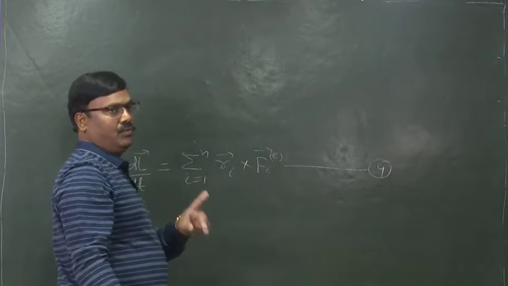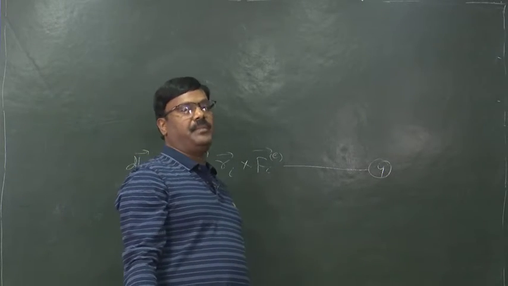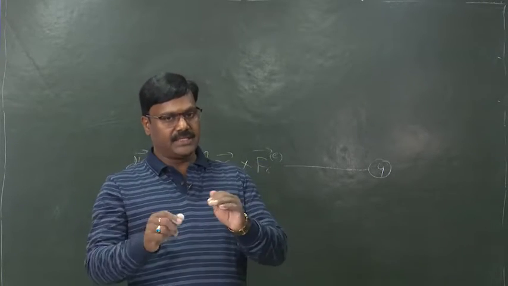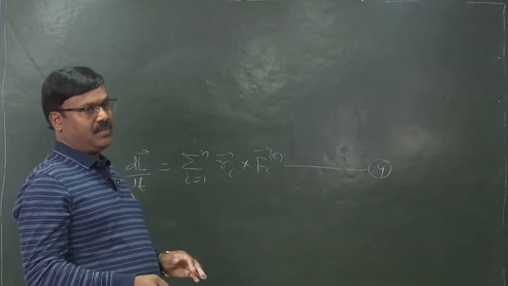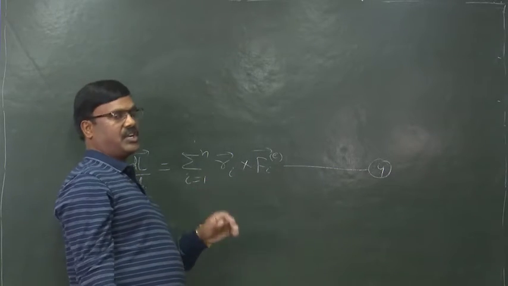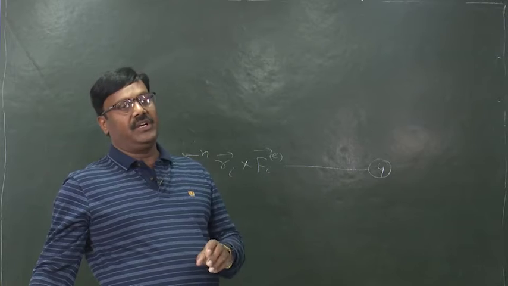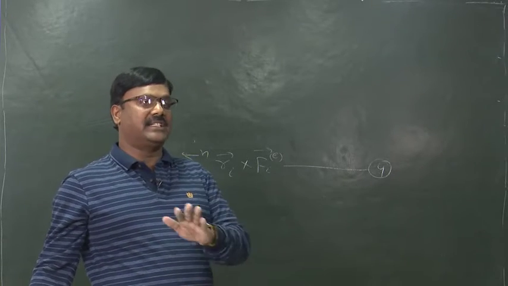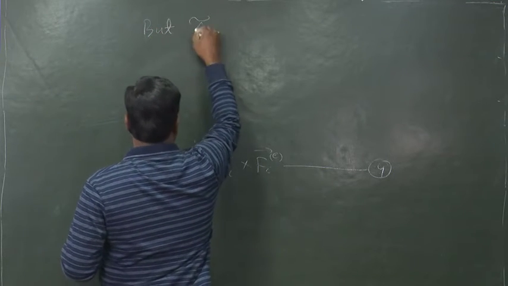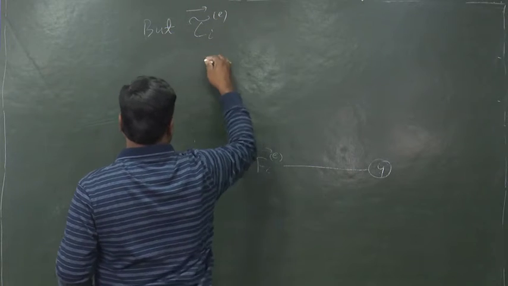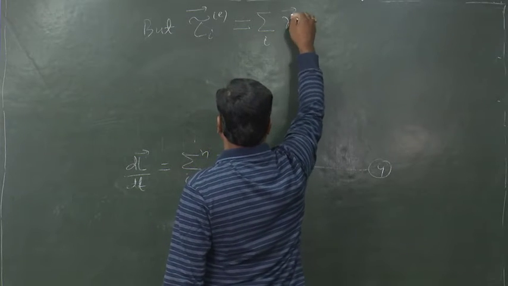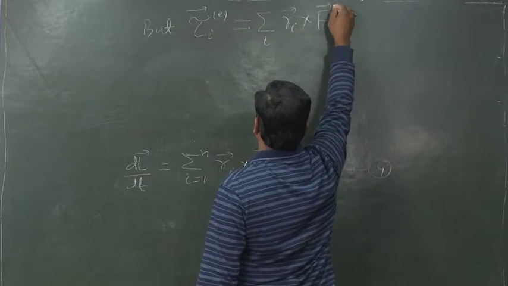But we know that the torque acting on a particle is the cross product of r vector and F vector. Hence, for the ith particle, the external torque acting on it will be equal to the cross product of the r vector and the external forces acting on the ith particle, that is, tau on the ith particle, the external torque, will be equal to the sum over i of r_i cross F_i external.